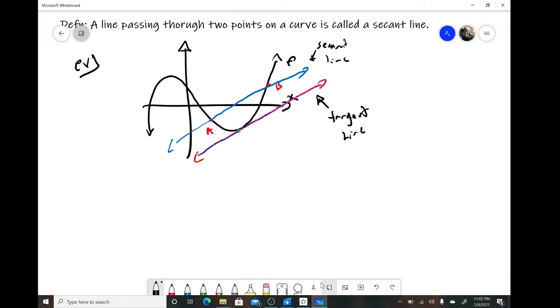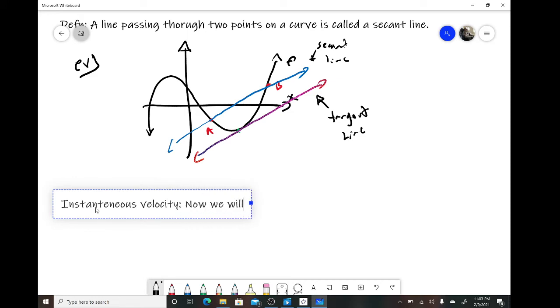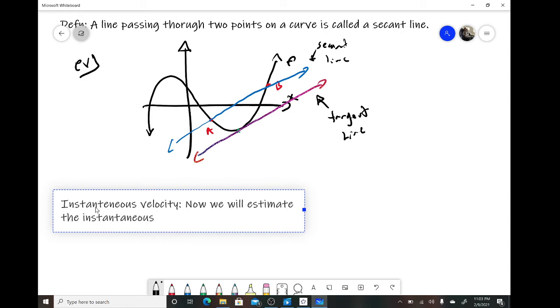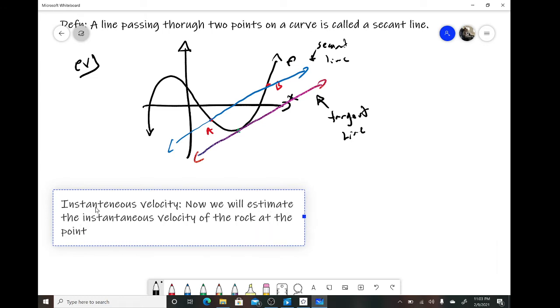So let's really quickly talk about the instantaneous rate of change, or instantaneous velocity. What we're going to do now is estimate the instantaneous velocity of the rock at the point t equals 1.